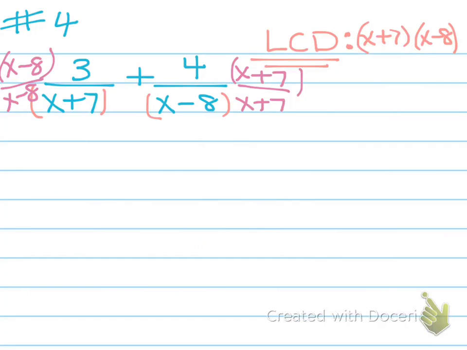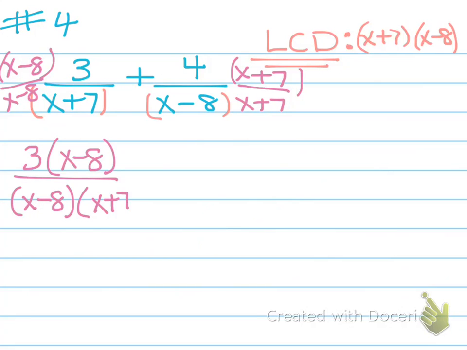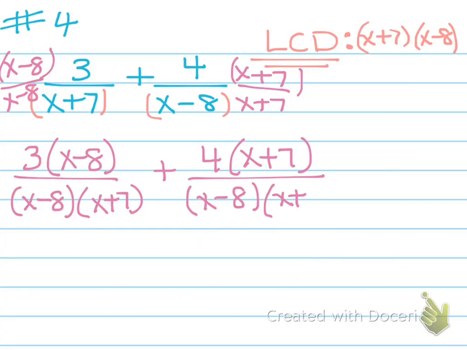So I'm going to have 3 times x minus 8 over x minus 8, x plus 7, plus 4 times x plus 7 over x minus 8, x plus 7.